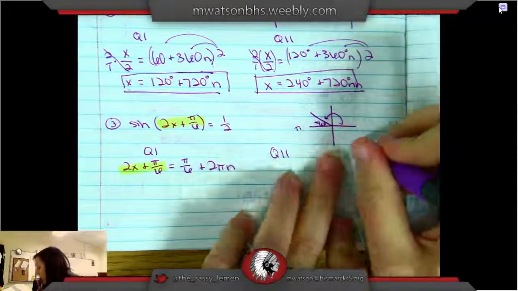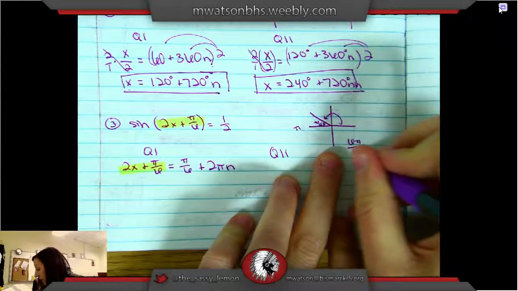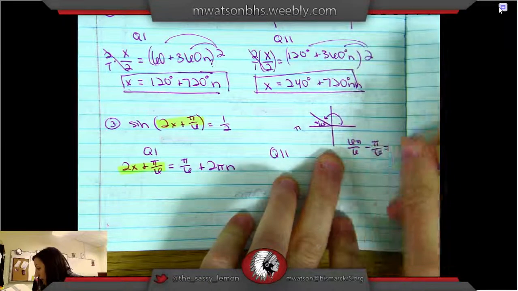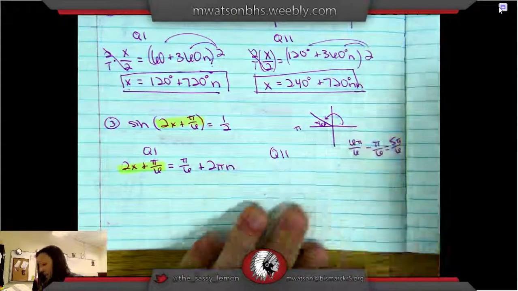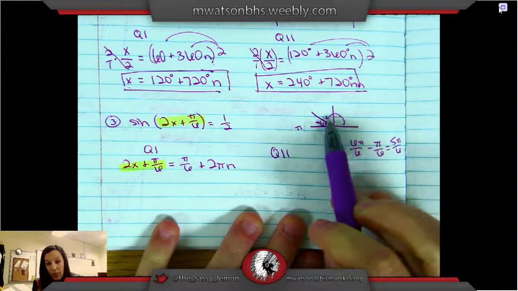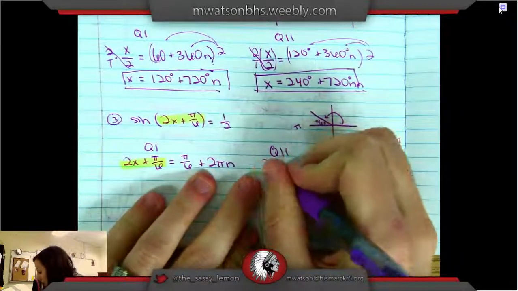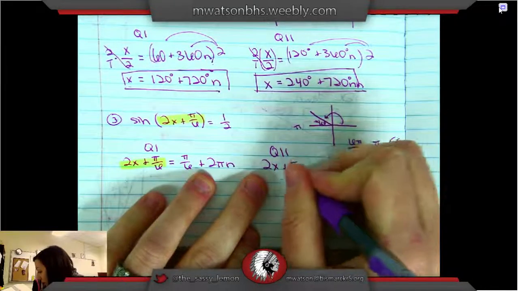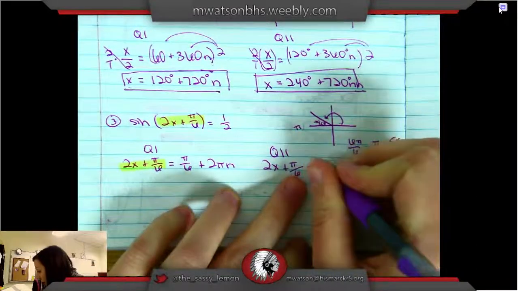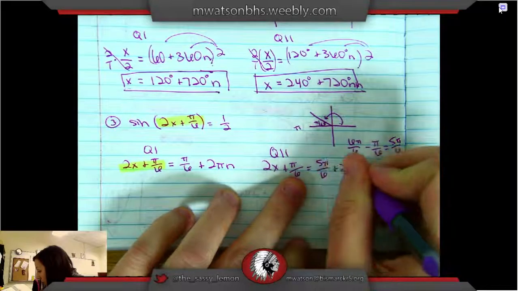So let's do a little math over here. 6 pi over 6 minus pi over 6 equals 5 pi over 6. So this angle is 5 pi over 6. So I'm going to take my argument, 2x plus pi over 6, and set it equal to 5 pi over 6 plus 2 pi n.